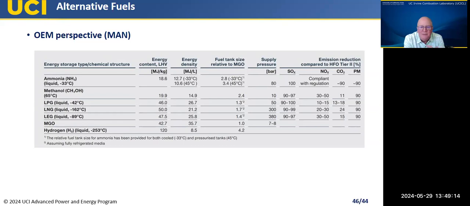That's the main point here. But some of these fuels, you can see on the far right, have reductions inherent to their use. Some of them just inherently generate less NOx or PM when burned, which is a good thing.